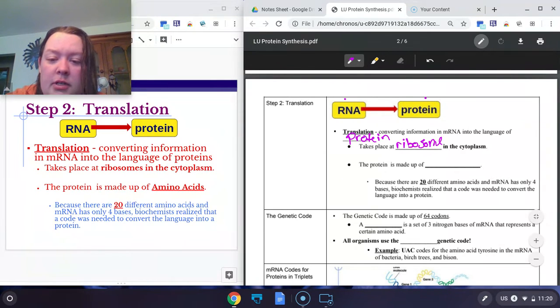And remember, proteins are made up of amino acids. So this process is going to involve taking the RNA and creating a series of amino acids. Now, there are 20 different amino acids out there. And the way that it's converted from bases to amino acids is by using what we call the genetic code.